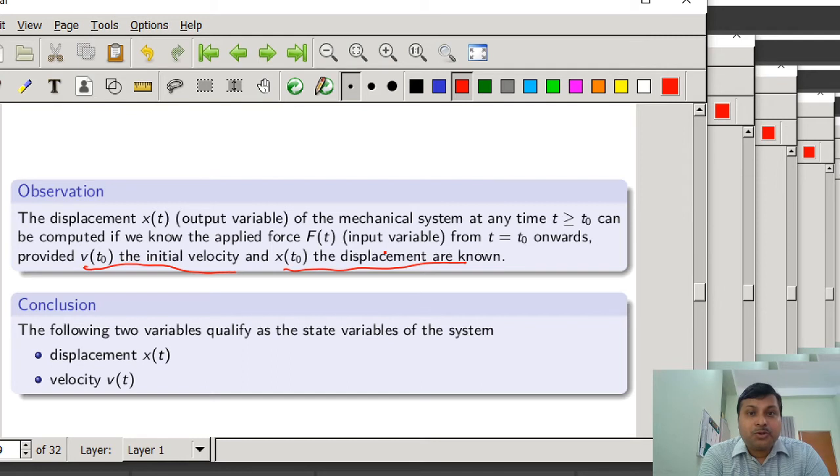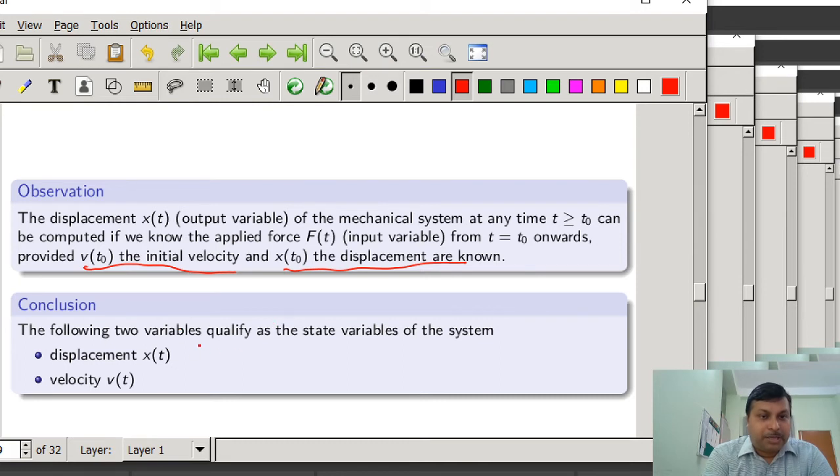As a conclusion, we can say that these two variables, the displacement x(t) and the velocity v(t), qualify as state variables of the system, because their initial conditions are required to be known to describe the dynamics of the system.